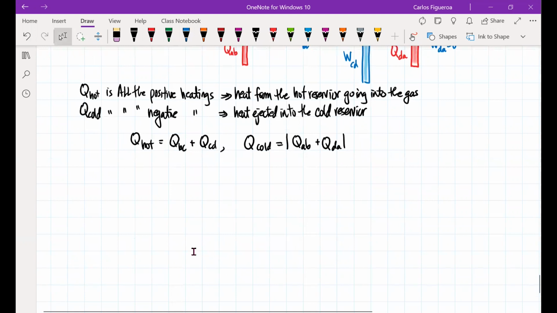Okay. So now what I need to do here is look at my curve and just say, what do we know?